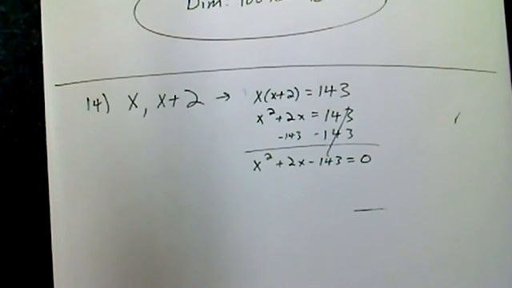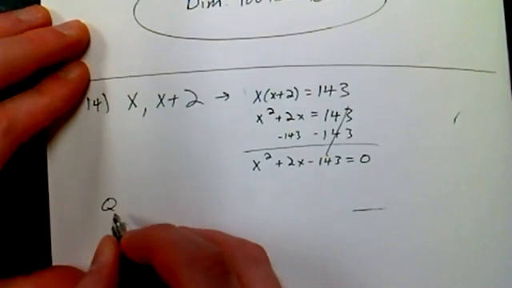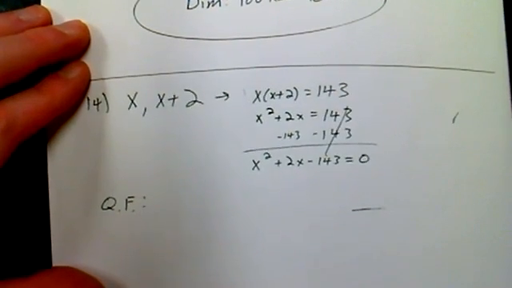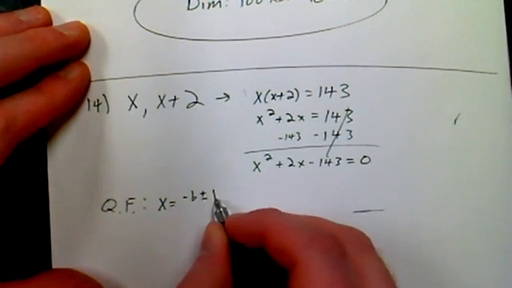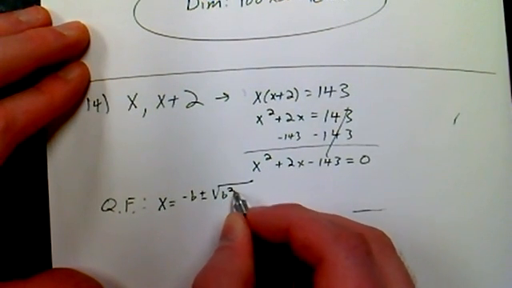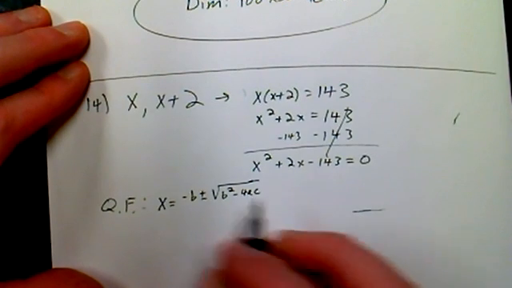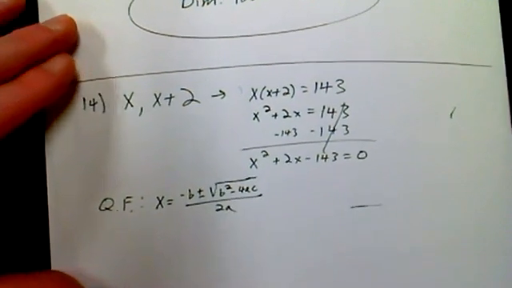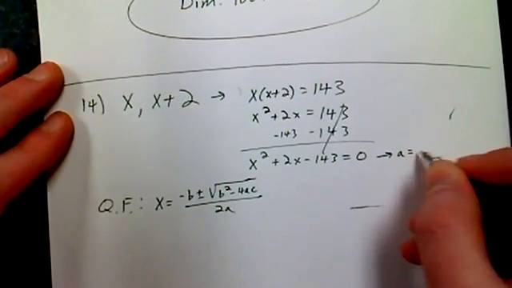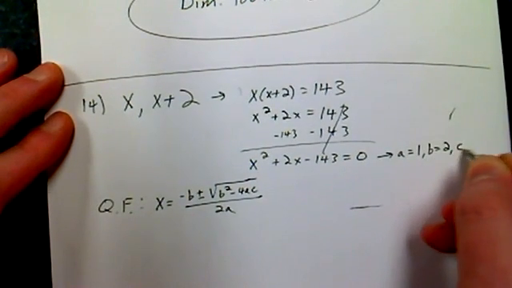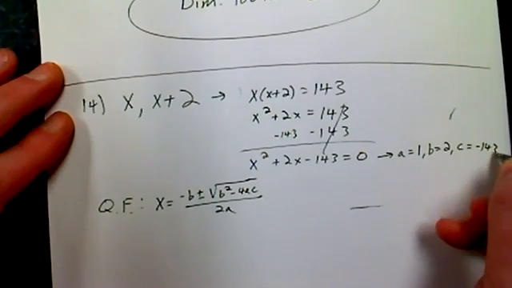Now, I don't think that is necessarily very easy to factor, although you may be able to see it. So if I don't know, then I'll bust out my quadratic formula, which says that x is equal to negative b plus or minus the square root of b squared minus 4ac all over 2a. And notice in our case, a is 1, b is 2, and c is negative 143.